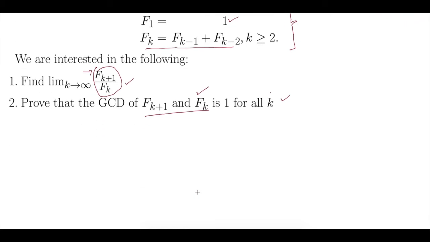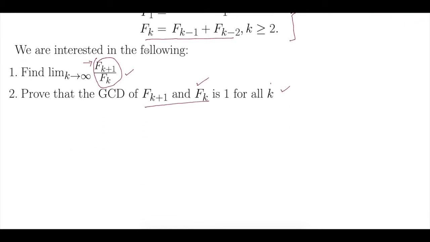Okay, so let's now prove the first one. So we'll say limit k tends to infinity f of k plus 1 over f of k. So by definition, what is this? The numerator, we can say this is f of k plus f of k minus 1, over f of k.